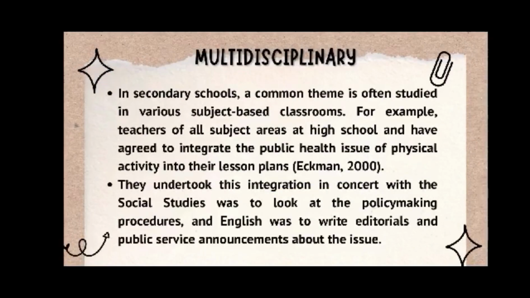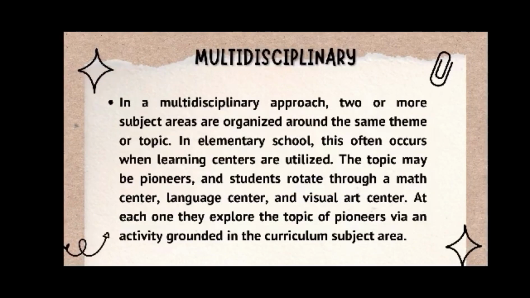So balik ha, atong balikan diri. For example, two or more subject areas are organized around the same theme or topic. So na-organize lang sila tungod sa usa ka theme or topic nga dapat i-integrate, nga dapat matudlo sa estudyante.